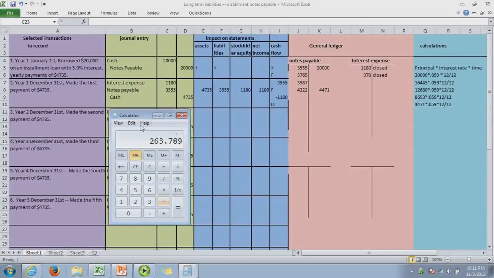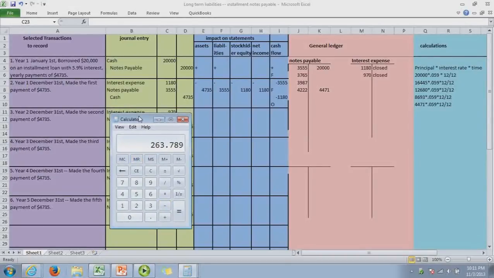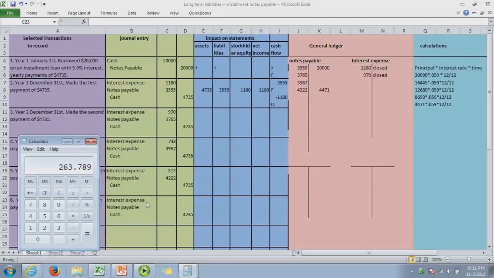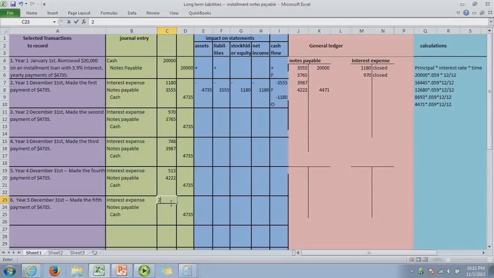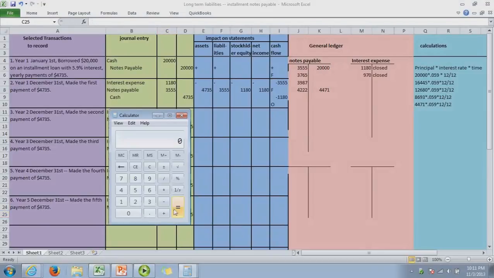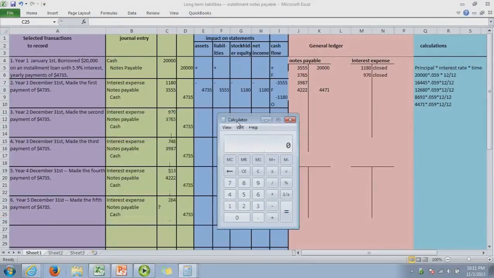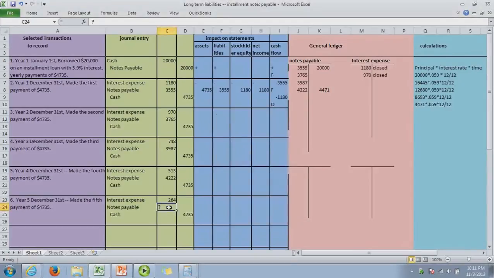And that's 263. Let's round it to 264. So that's interest expense, 264. And then we'll solve for, again, the missing number. So 4735, take away 264, 4471. Let's hope.